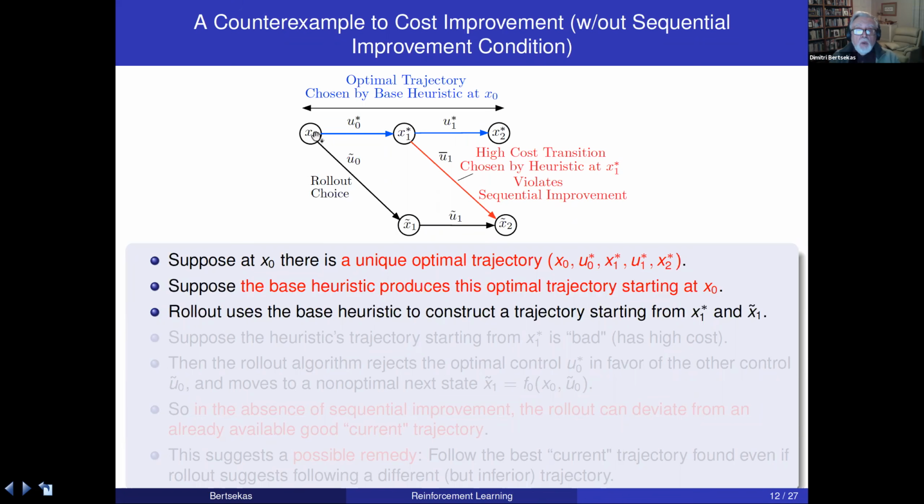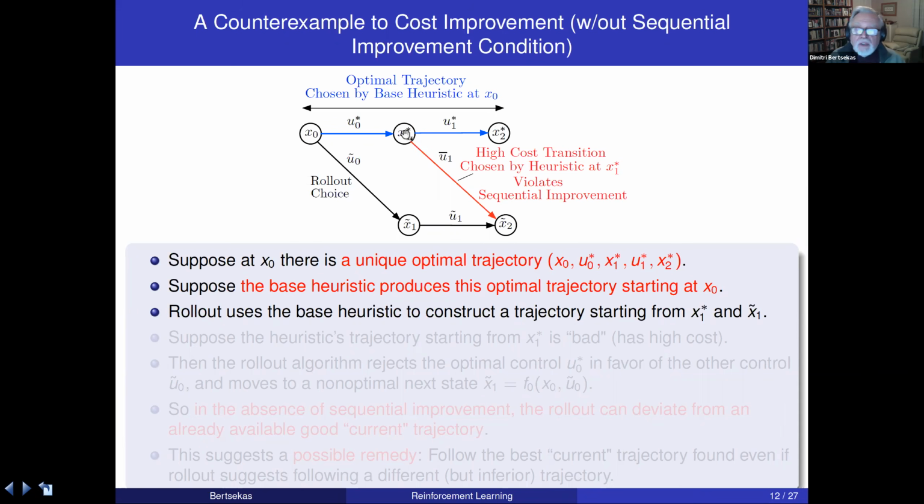It looks at this control, and then runs the base heuristic from each one of these states. Now, the base heuristic has only one choice, it's going to move here. However, assume that the base heuristic at x1 star is not sequentially consistent and does not follow the trajectory that it followed earlier.